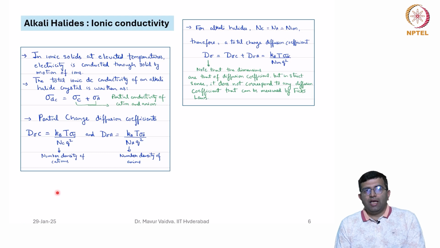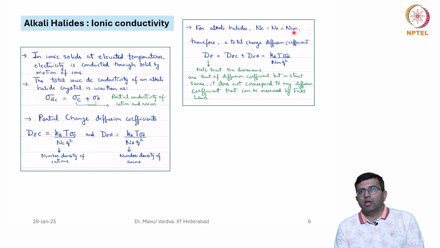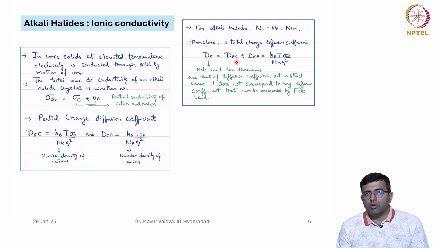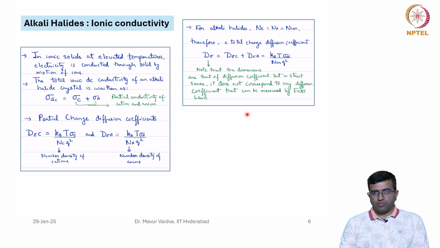For the alkali halides, the number densities of cations and anions are equal, and it can be written as n_ion, that is, the number of ions. So, therefore, the total charge diffusion coefficient can be written as D_sigma is equal to D_sigma,C plus D_sigma,A, which is equal to k_B T sigma_DC by n_ion q squared.